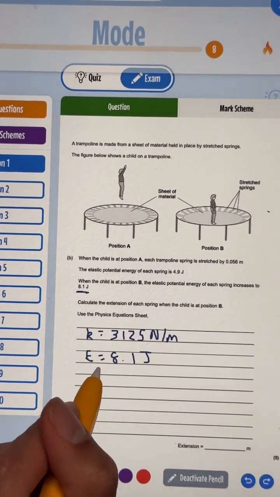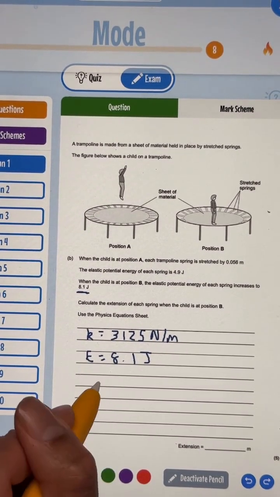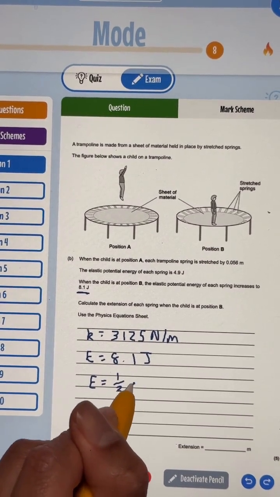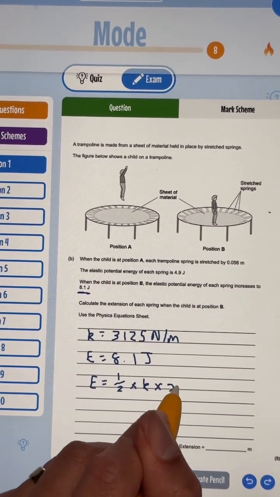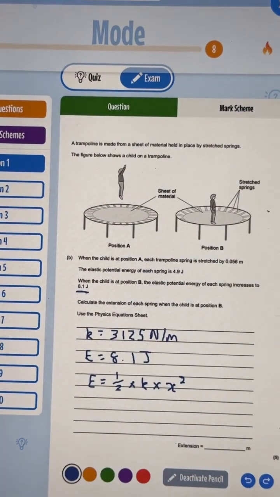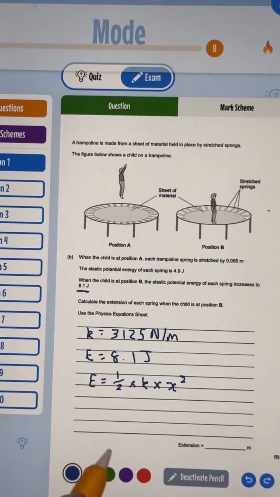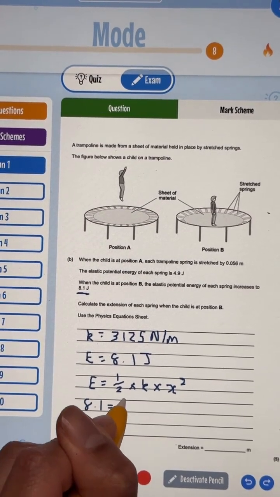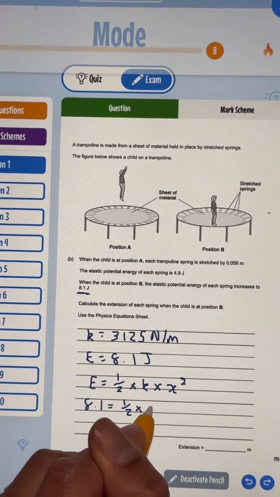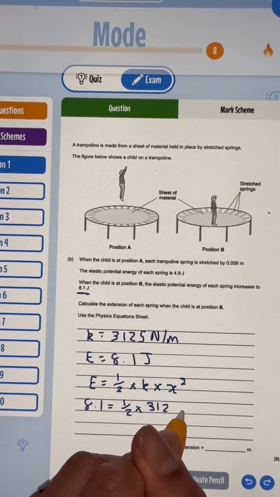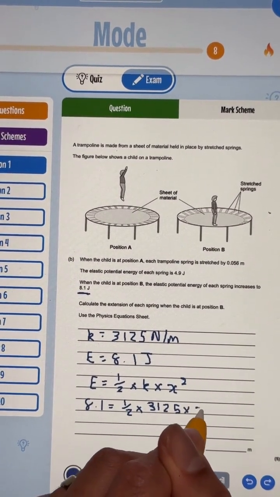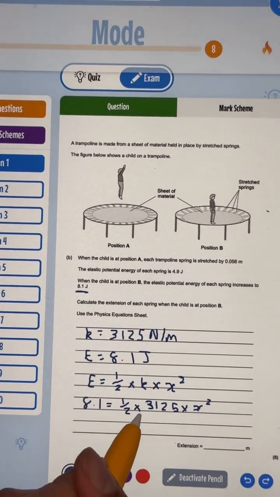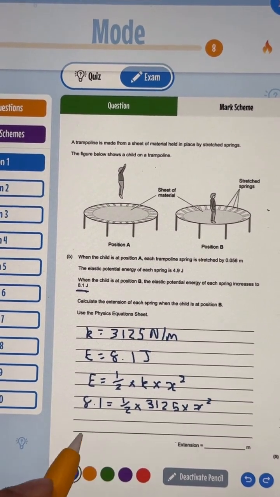So if E is 8.1 and K is 3125, I'll again put the equation E equals half times K times x squared. So half times spring constant times extension squared, and I'll substitute the numbers. So that is 8.1 equals a half times our spring constant, which we know is 3125, times x squared. Now we want x squared on its own, so we'll divide these two numbers and bring them over to the left-hand side.